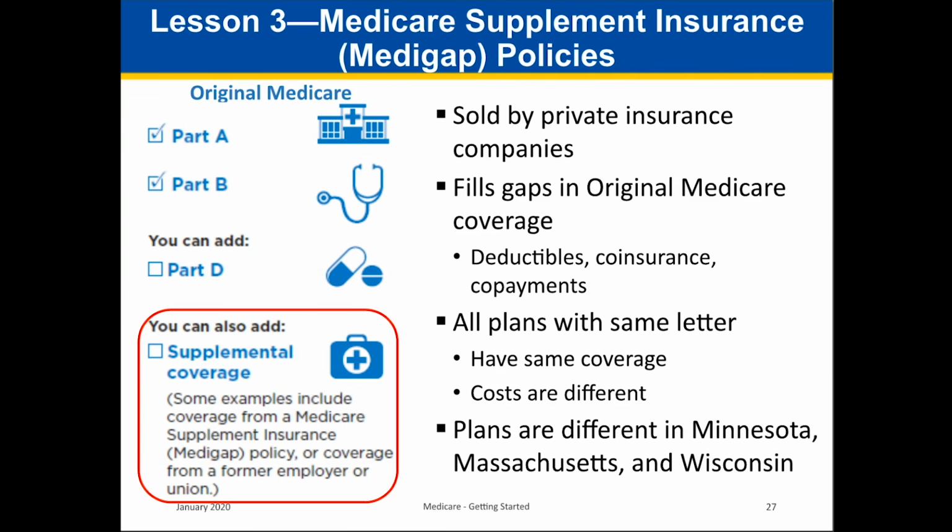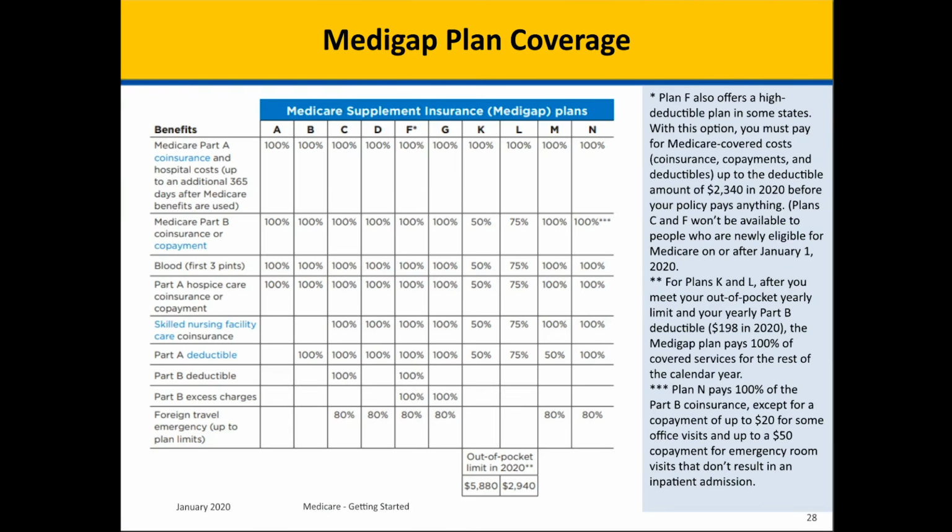Each plan has a set of benefits that are the same for any insurance company. It's important to compare the policies because costs can vary. Each company decides which Medigap policies it will sell and the price for each plan with state review and approval. Next slide, please.